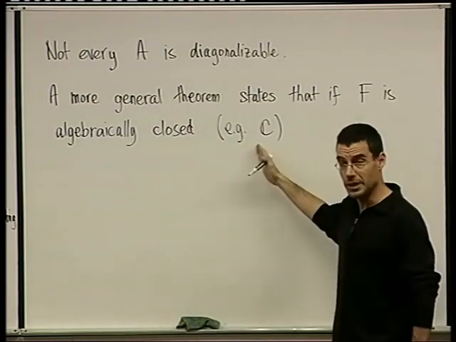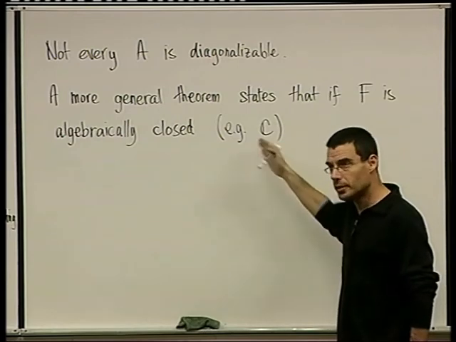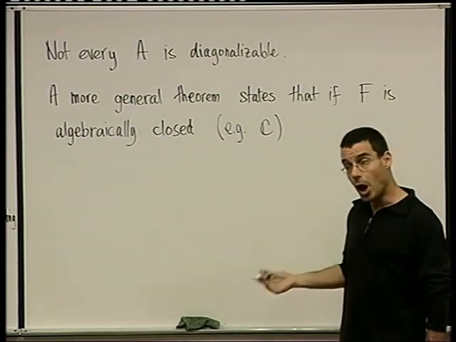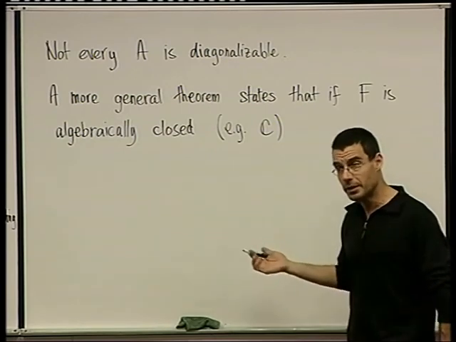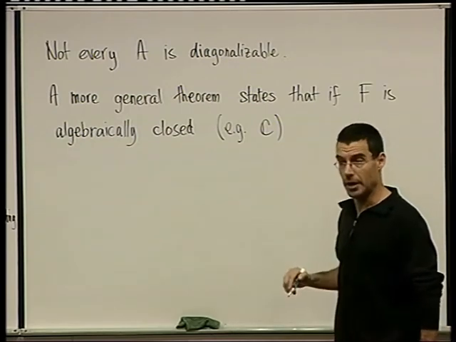Any polynomial in C, all its roots are in C. R is not algebraically closed. The polynomial x squared plus 1 doesn't have roots in R.